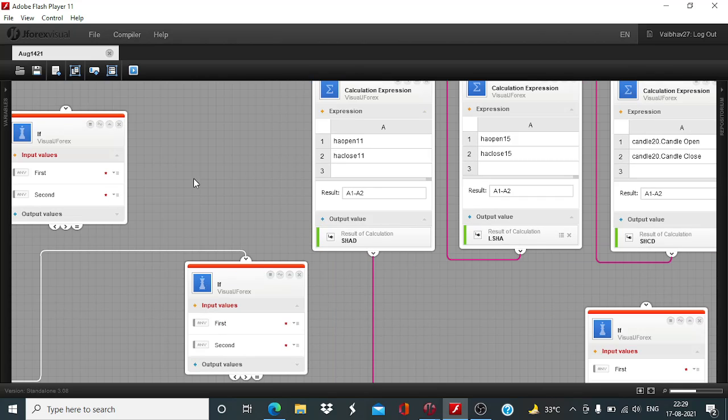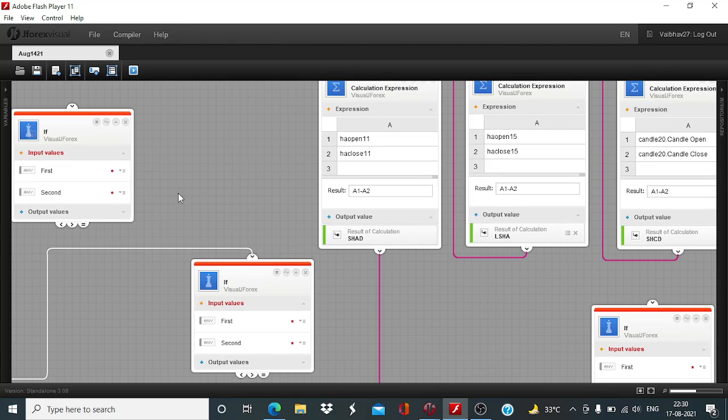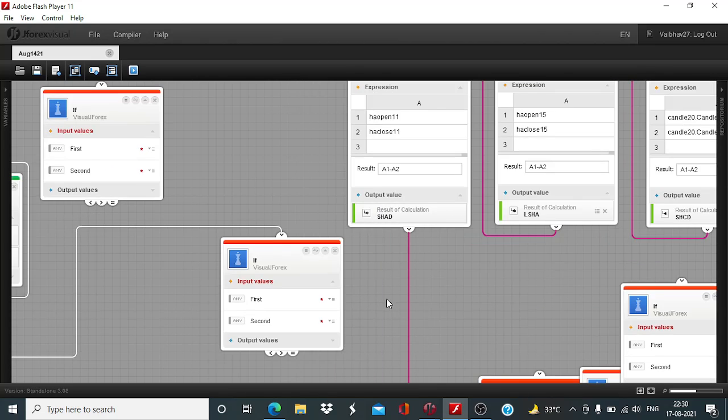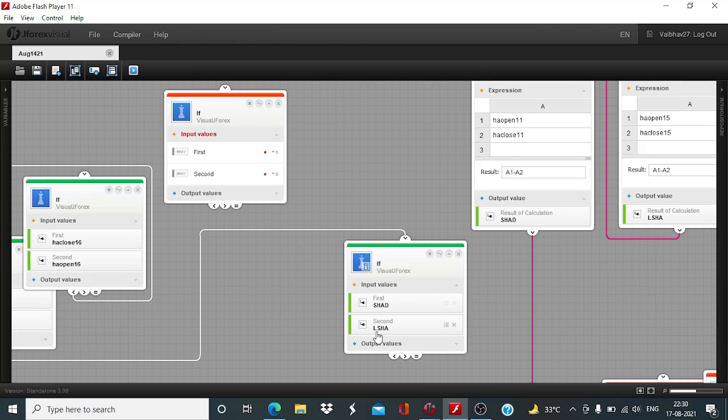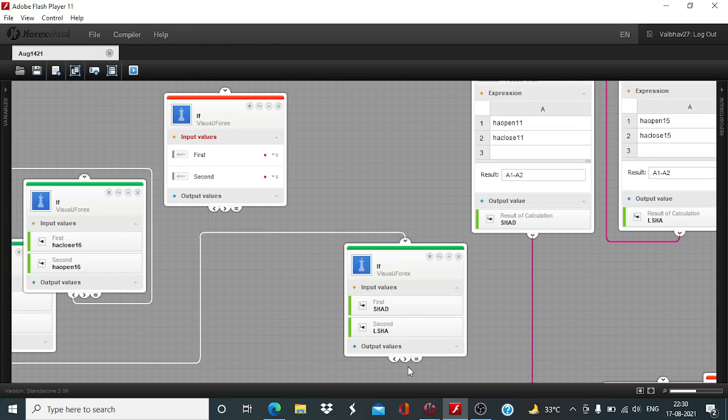Candle 11 is the current, so we need this output value SHAD to be greater than LSHA. First input greater than second input.